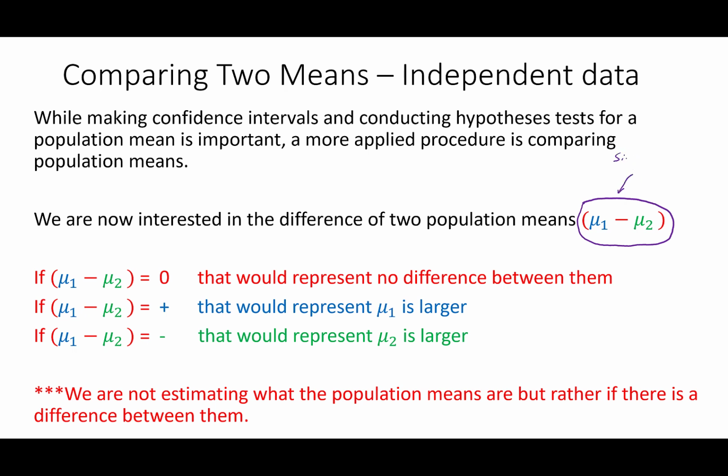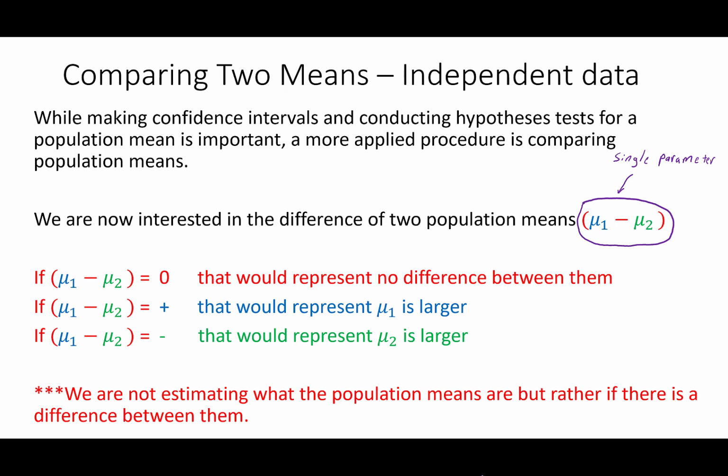So I'm going to write a single parameter here. We're estimating this quantity, not those individual means. We're estimating that single quantity, mu1 minus mu2. This is our parameter that we're estimating. And again, based on that value, we'll be able to determine if there's a difference between our means.